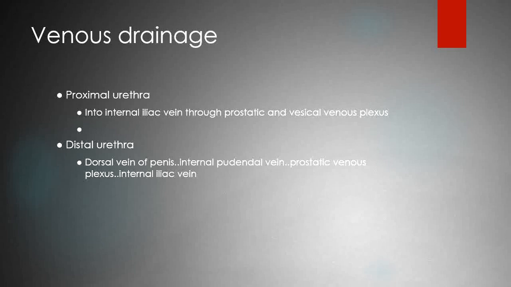And the venous drainage of the distal urethra is through the dorsal vein of penis and internal pudendal vein. The venous drainage goes to the prostatic venous plexus and then into the internal iliac vein.